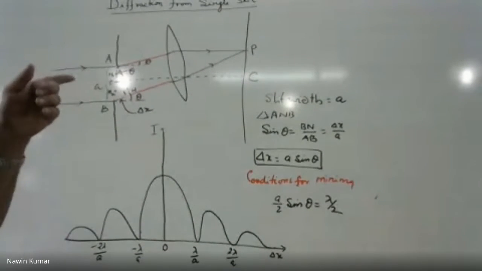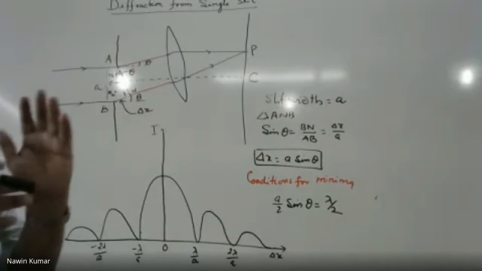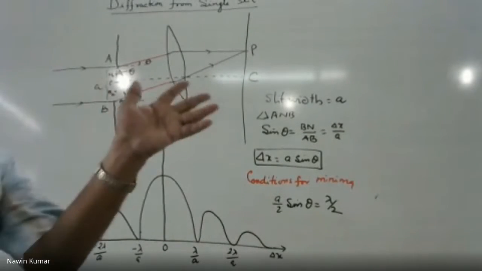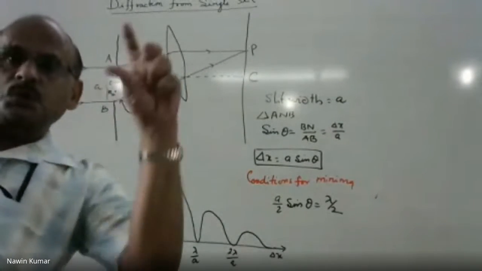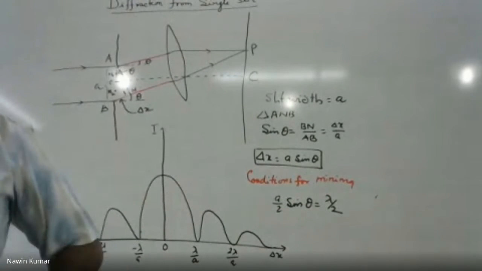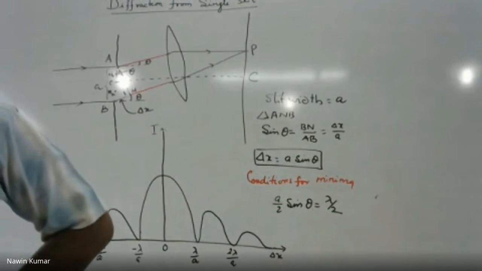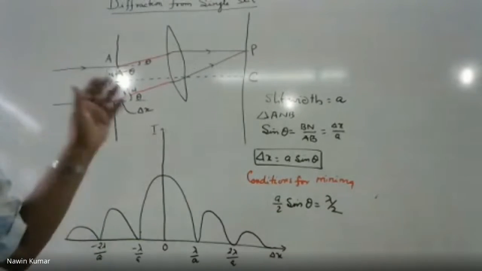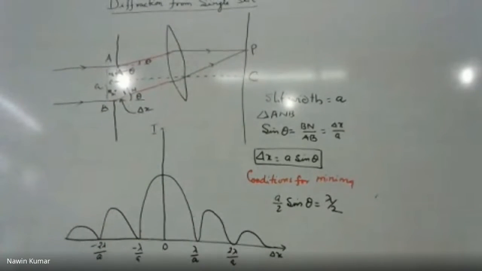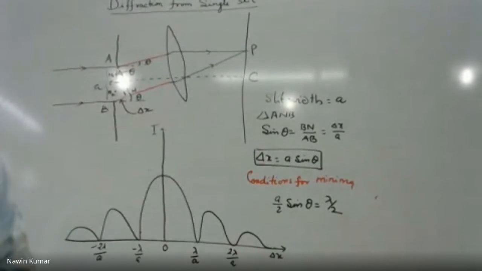Now here, if we remember the interference, if the slit is divided into two equal parts, then the light reaching at P will be out of phase, that is pi.